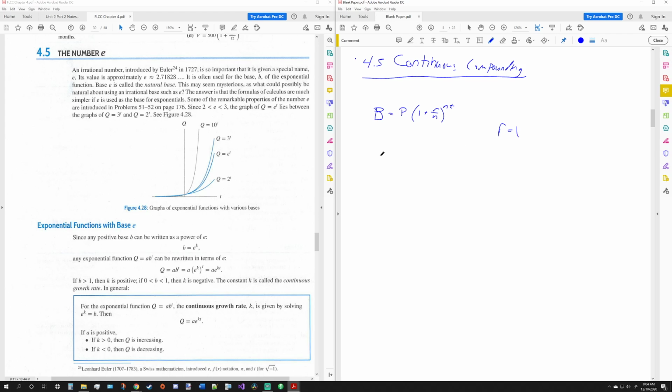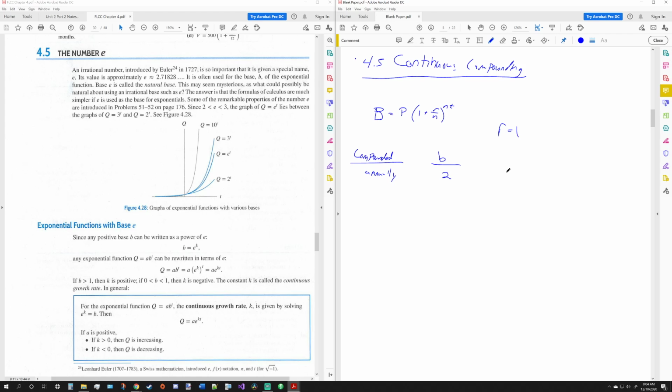If we compound that once, if we compound it annually, so compounded annually, we get a growth factor, or a B value, of 2, right?